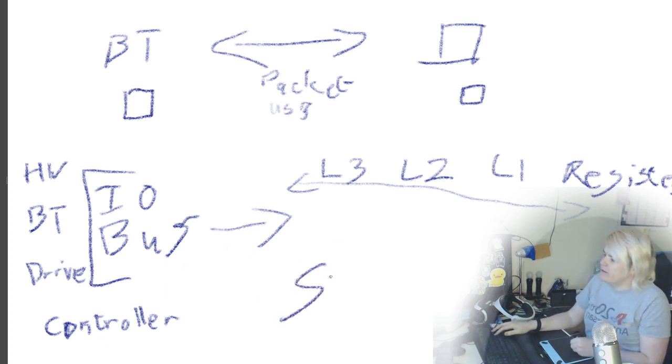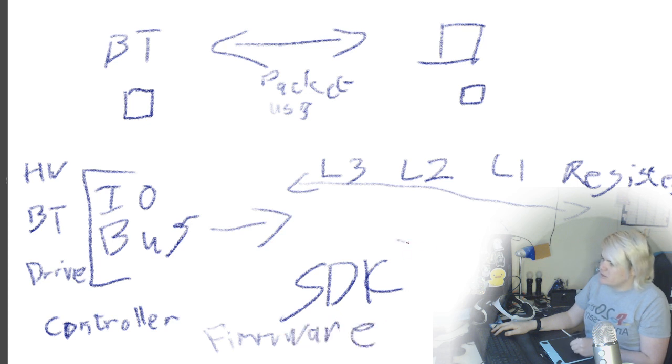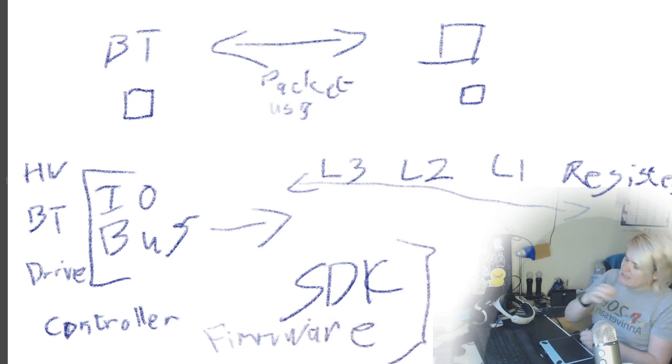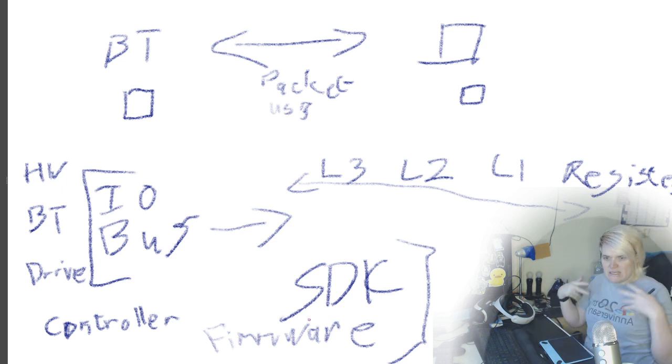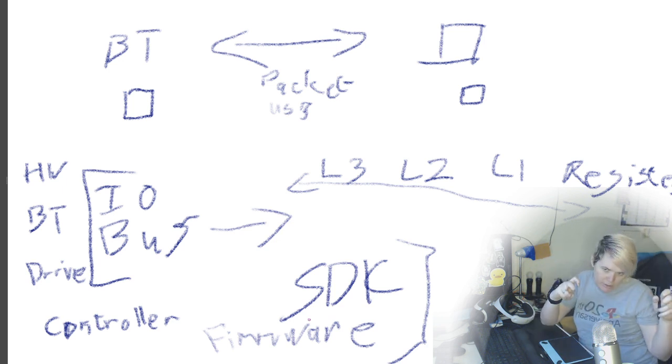And then the software development kit or the firmware, it's kind of a bit of both, exposes it to the game developer, and basically has a call in it that says sample the controller.